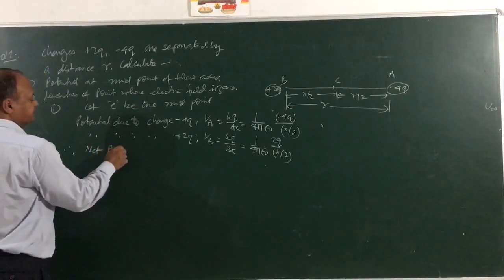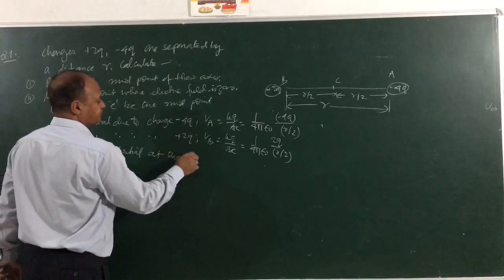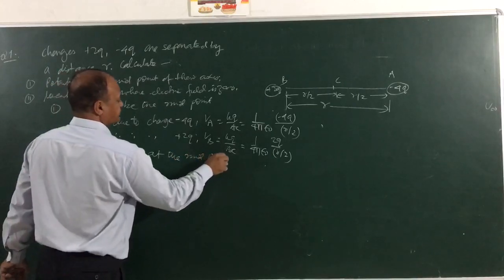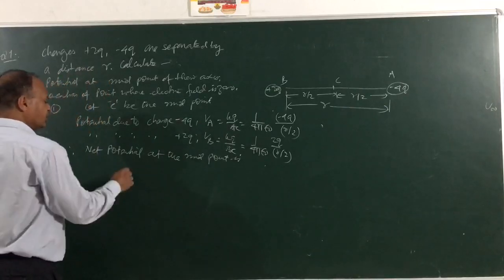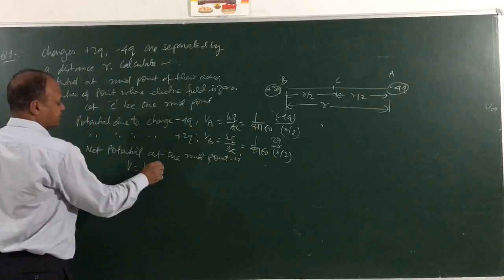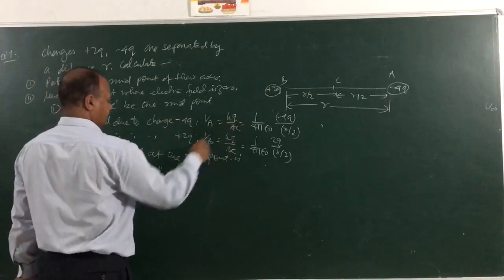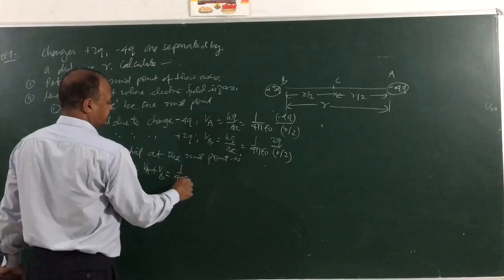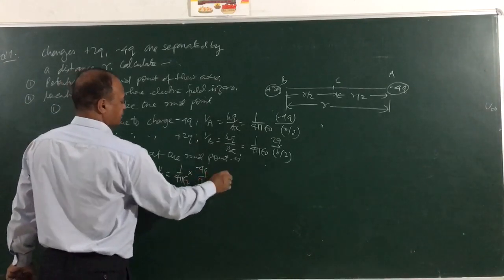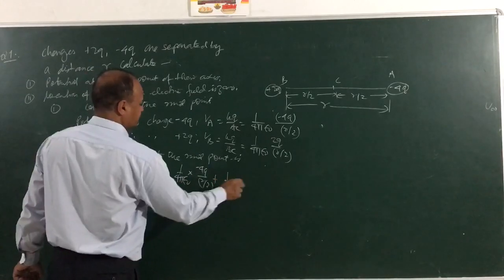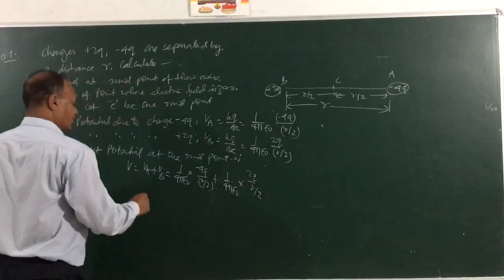Therefore, the net potential at the midpoint is V equal to VA plus VB. So VA, children, you can see is 1 by 4 pi epsilon 0 into minus 4q by R by 2, plus 1 by 4 pi epsilon 0 into 2q divided by R by 2.